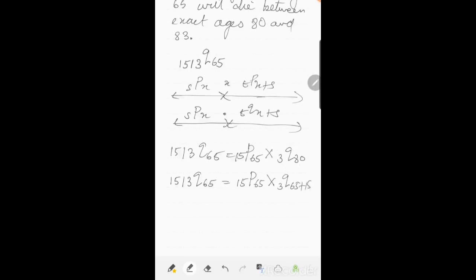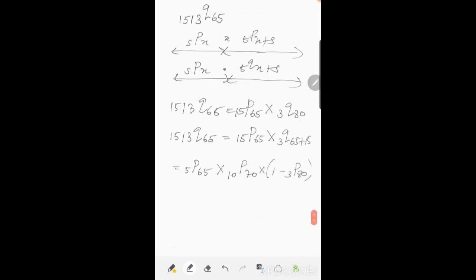This gives us 80. So from 15p65 we have 5p65 by 10p70 by 1 minus 3p80.